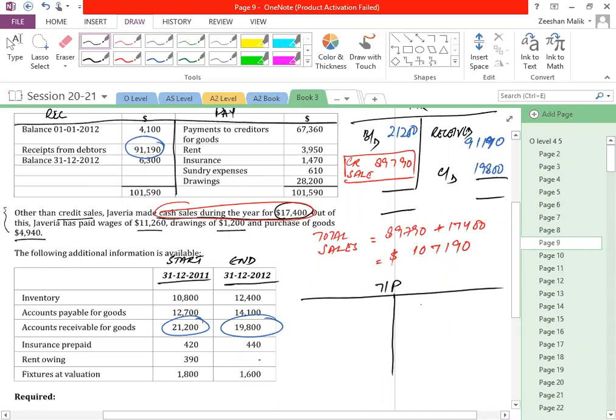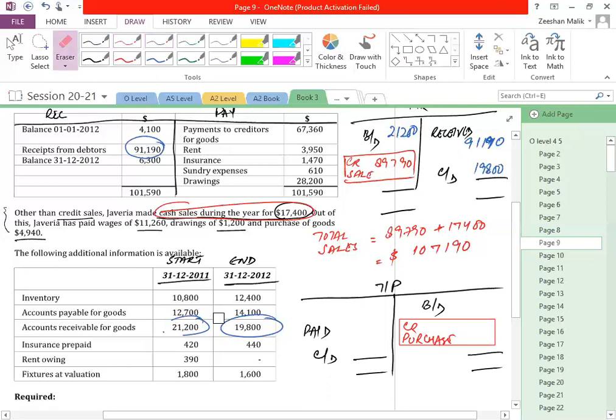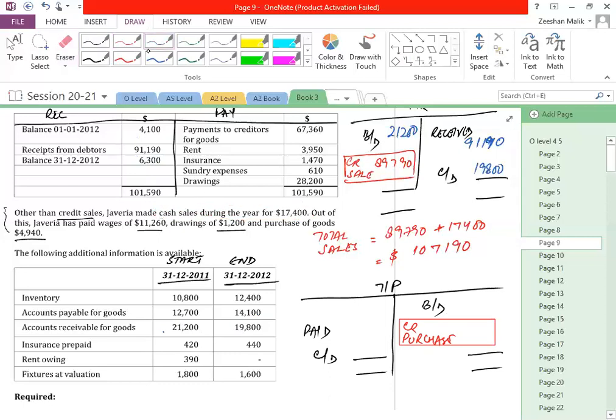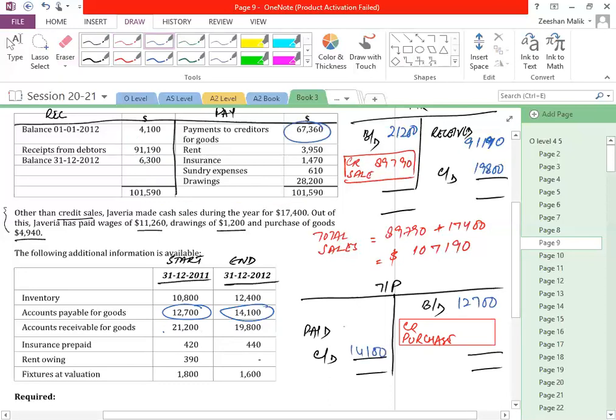Another trade payable account is to be opened: balance brought down, balance carried down, amount paid. Then you can get your missing figure here. And this should be your credit purchases. Let me pick up trade payables opening and closing, right, and amount paid.